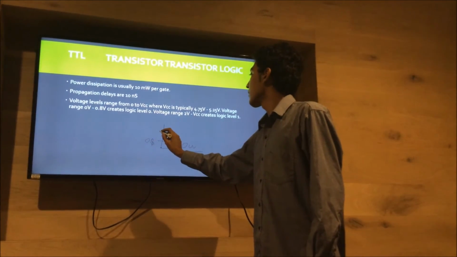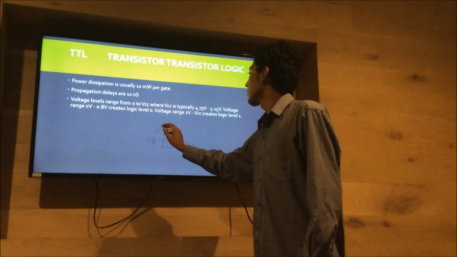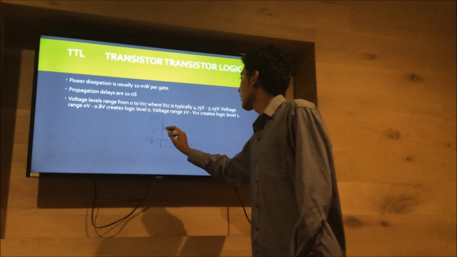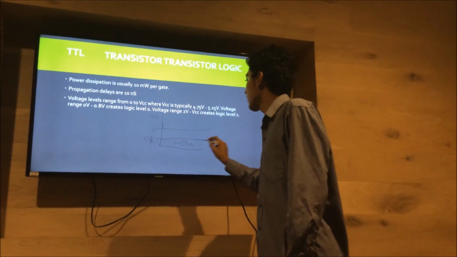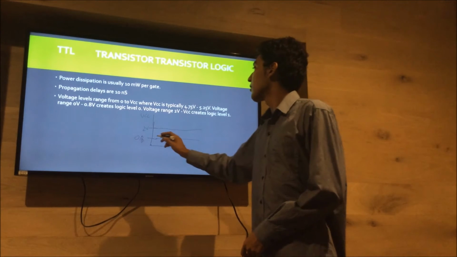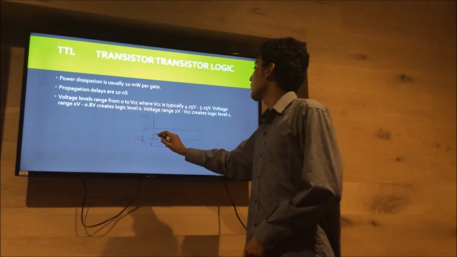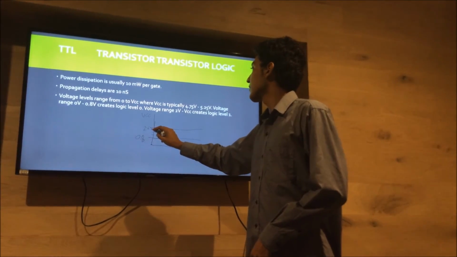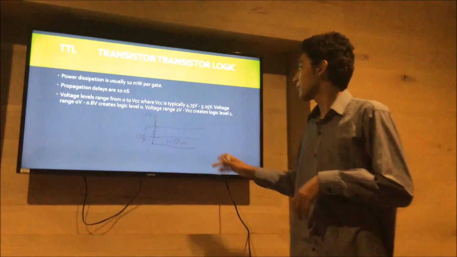So we have 2 volts from our max voltage. And the question is, what happens if we apply 1 volt? 1 volt, 1.5, 1.8, 1.90. What happens in that region?